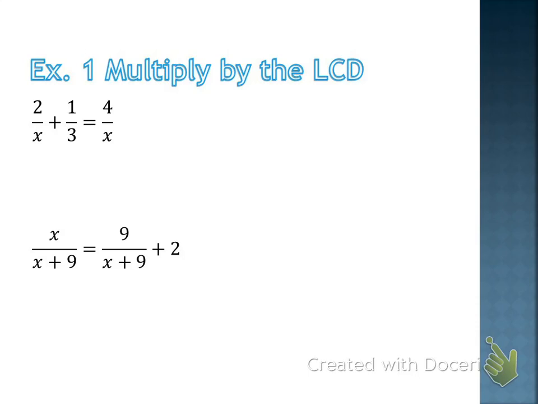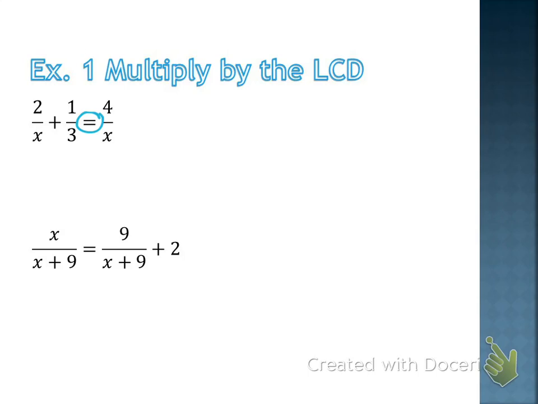What I know in example 1 here is that they've already given me the entire problem. I know that 2 over x plus 1/3 equals 4 over x. I have the entire equation. Anytime there's an equal sign, they usually want your end result to be x is equal to whatever it's equal to. All right?